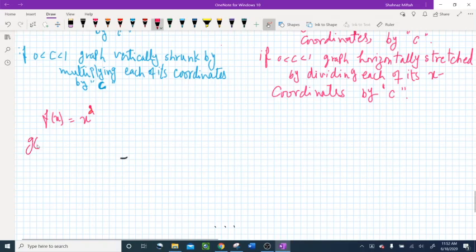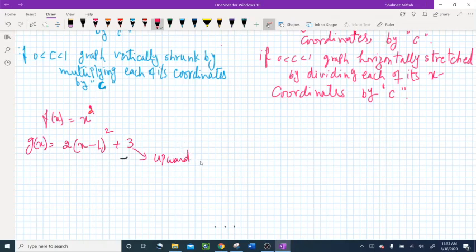So the transformation is going to be g of x. For example, I have 2 times (x minus 1) squared plus 3. If you pay attention, what kinds of transformations are these? This plus 3 is a vertical shift upward, 3 units up.